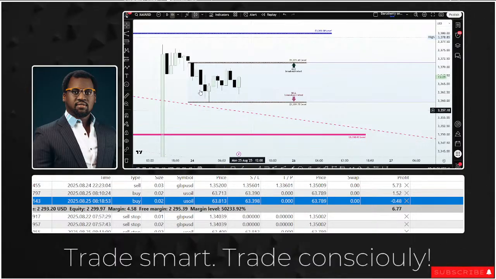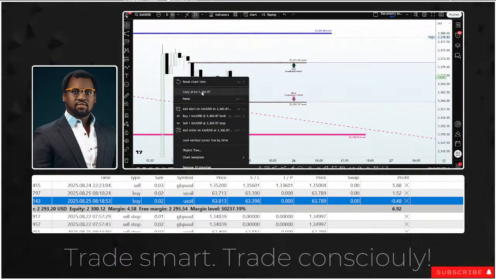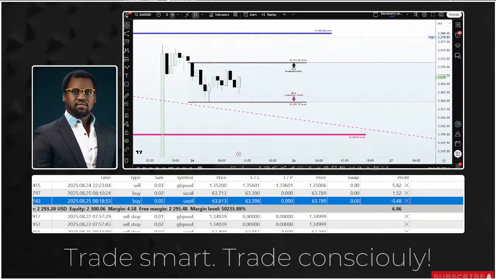So right now it is indecisive at the moment, and it will make quite a lot of sense that we wait patiently for price breaking out of the resistance line before considering buying, or breaking down the support line before considering selling. So right now I will place a buy stop order on the gold above the resistance line at the 3,371 ish, and then my stop loss will be around the 3,360.